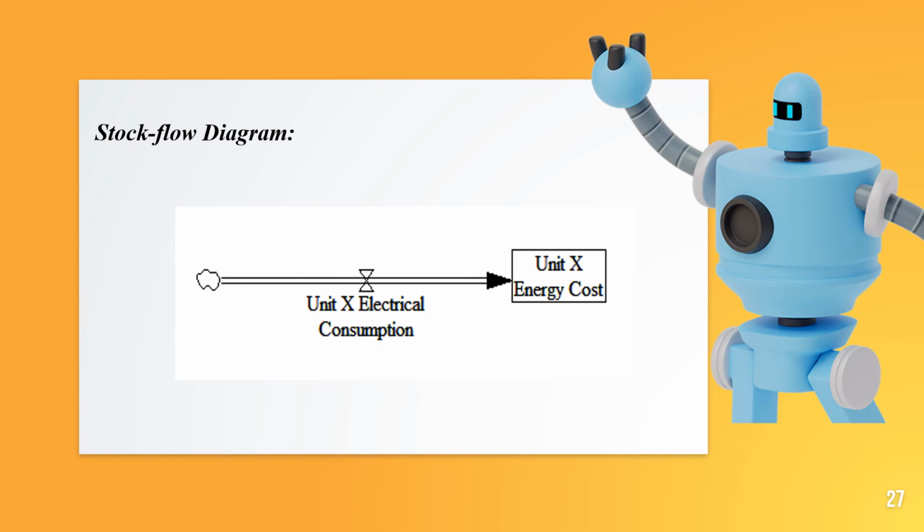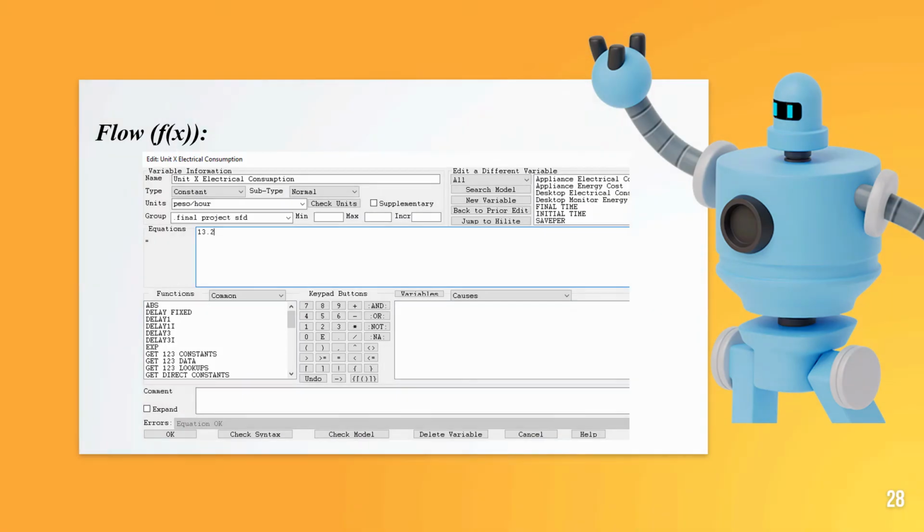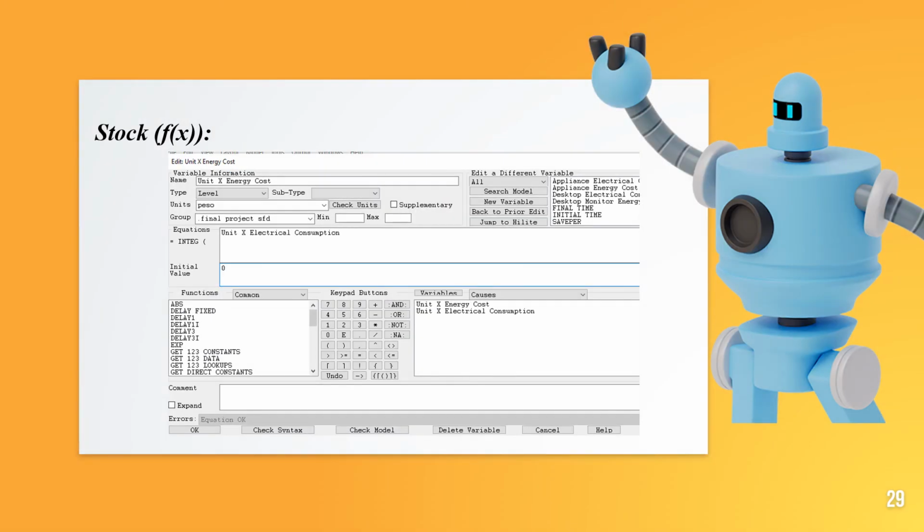And now we can illustrate our SFD. Unit X electrical consumption is the flow, and the stock is unit X energy cost. So our value will be 13.2 peso per hour for the flow, and for the stock it is 0 as our initial value, with the unit of peso.